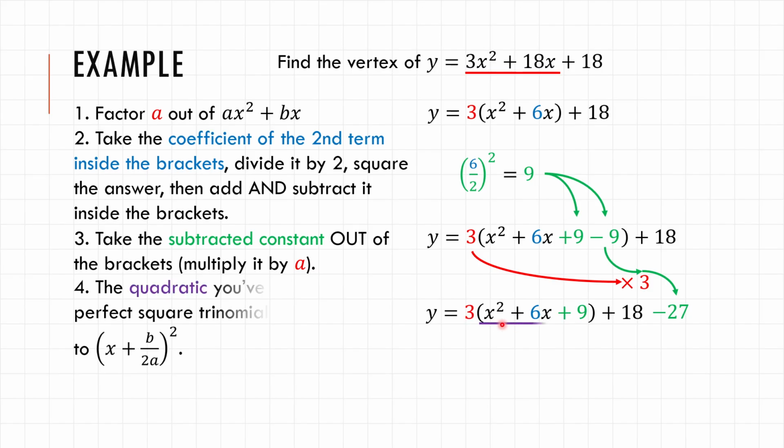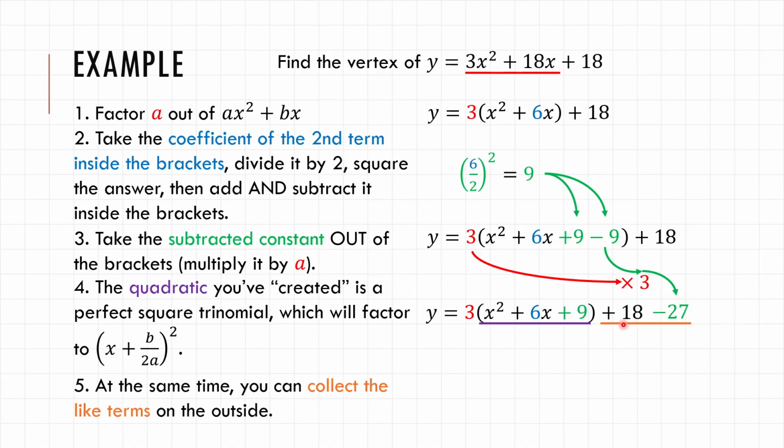And now that I have a perfect square trinomial, I can actually factor it. And it will always factor into x plus b over 2a, or half of this number right here. We've already divided it by a, we can divide it by 2 as well to find its new value, all squared. So this will always factor into x plus b over 2a, squared. And at the same time, I can also collect the like terms on the outside here.